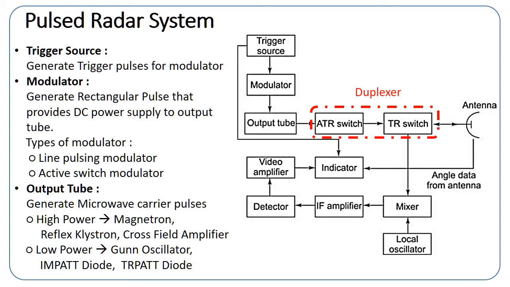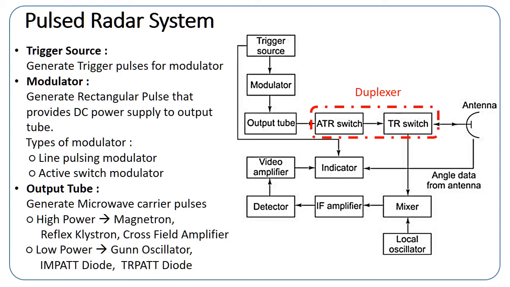There are two main types of modulator: line pulsing modulator and active switch modulator. Line pulsing modulator is a high level modulator where the output electrode of a tube is directly modulated by a pulse forming network.